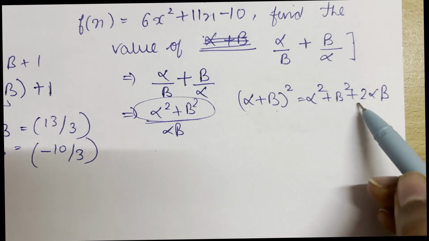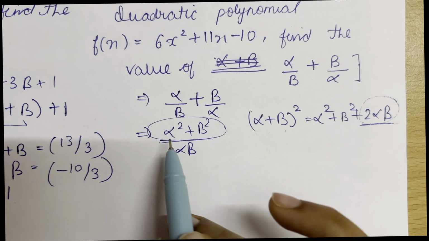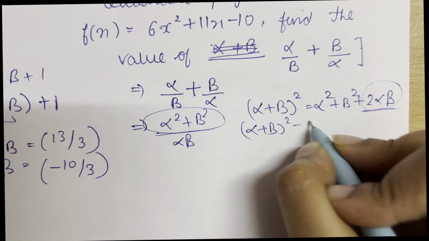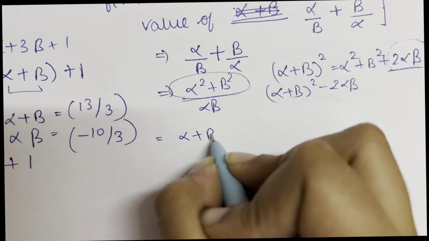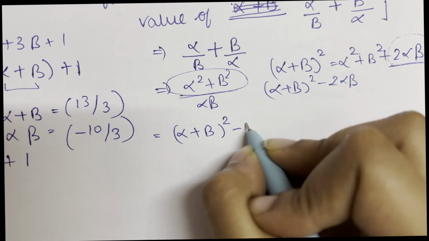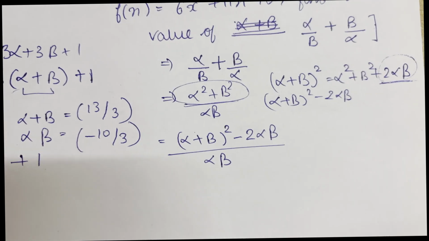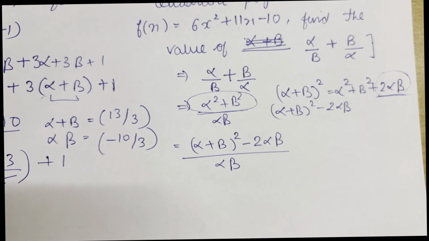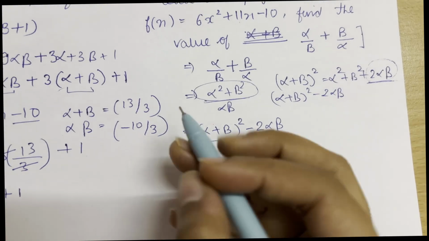Then you are missing the 2 alpha beta. So this value will be equal to alpha plus beta whole square minus 2 alpha beta, and our expression will become alpha plus beta whole square minus 2 alpha beta upon alpha beta. From this equation, we can easily get the values of alpha plus beta and alpha beta that we are going to solve.